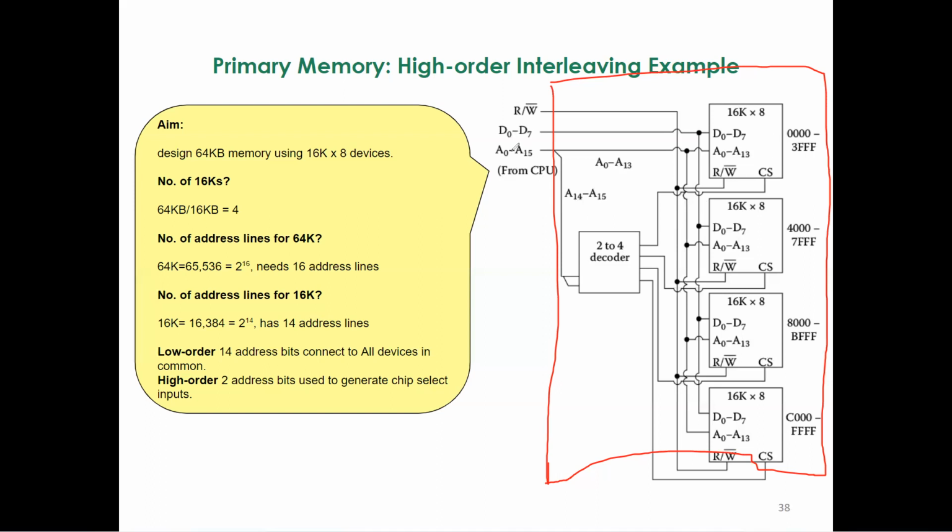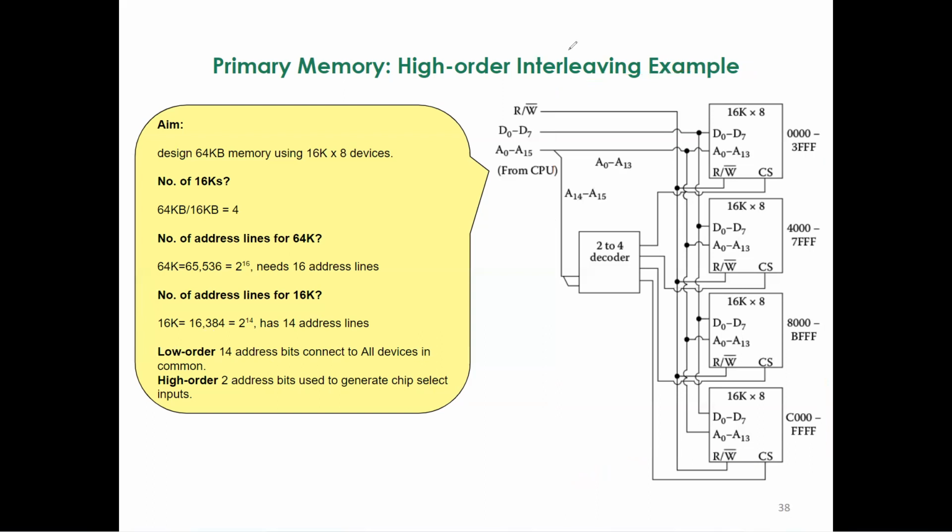If it's an address that has maybe 10, the decoder will decode that 2 into 10, which will fire up the third module. This is what we are showing here. Essentially, 14 address bits connect to all devices in common, and then the blue address bits are used to generate the chip select input.